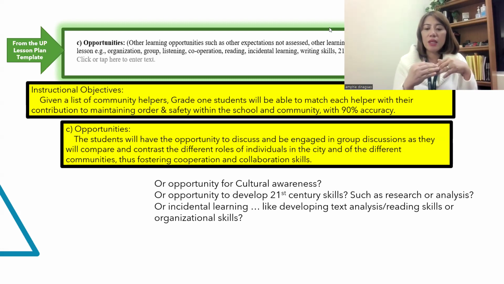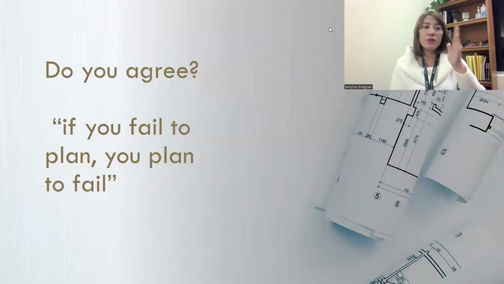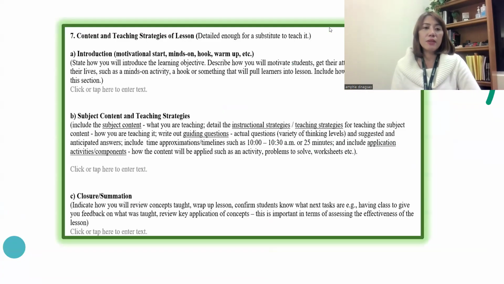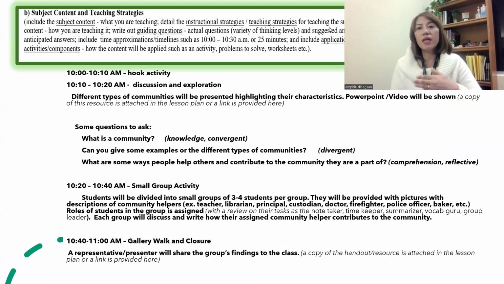And now I'm extending it to include the key people in the community, if the students are ready for that. So that was in the state standard, because that is the topic and that is the objective.